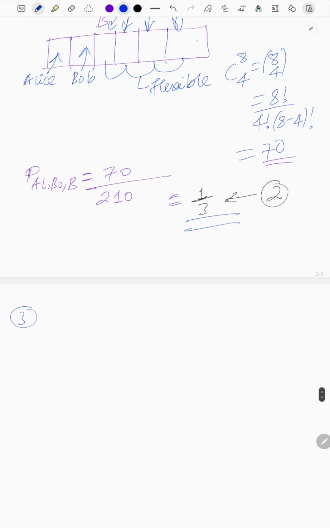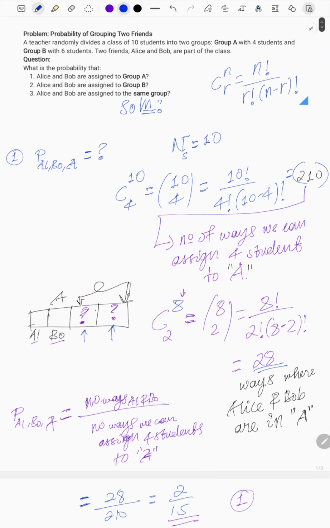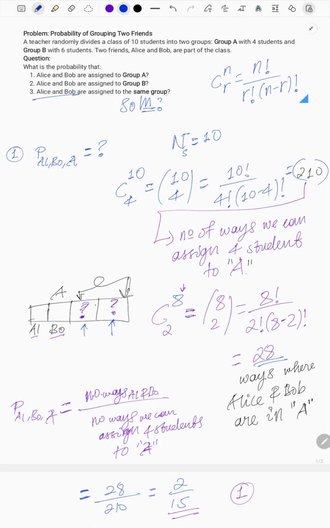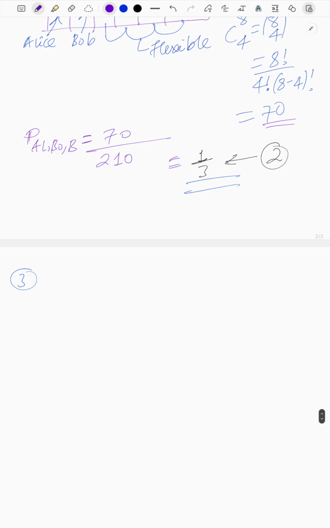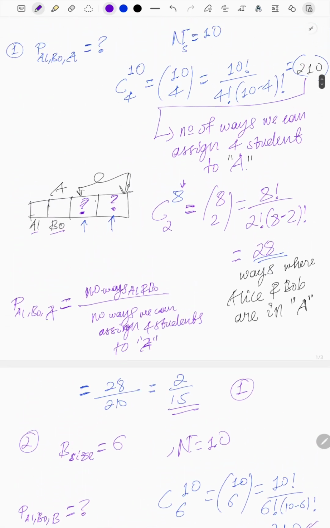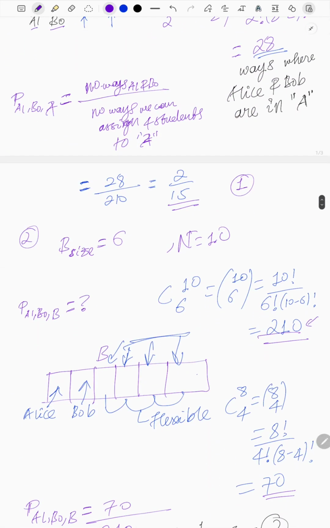We are remaining with the third one, and the third one asks for the probability that Alice and Bob are assigned to the same group. So we can rephrase this question. It is asking for the probability that Alice and Bob are either in group A or in group B. In the first one, we found the probability that Alice and Bob are in group A, and we found it to be 2 over 15.